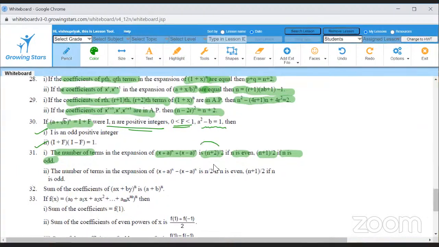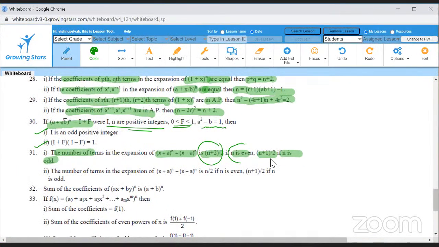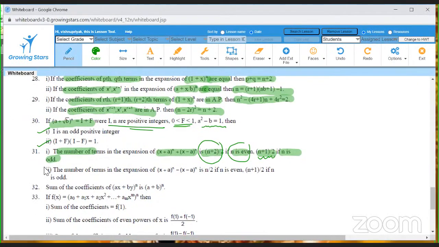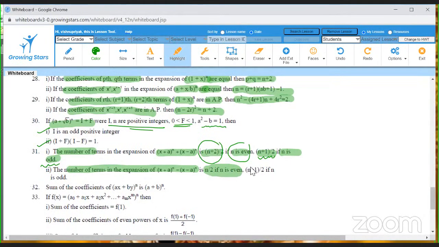So this is one formula for even, and this is another formula for odd. Similarly, the number of terms in the expansion is n/2 if n is even and (n + 1)/2 if n is odd.